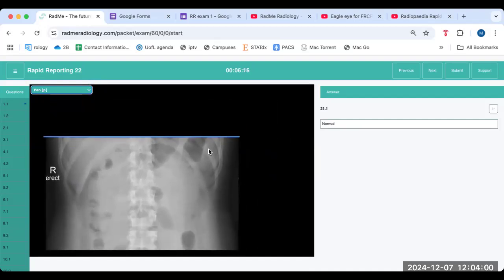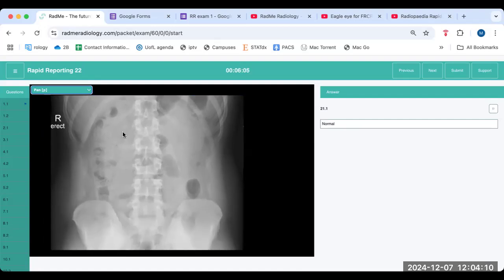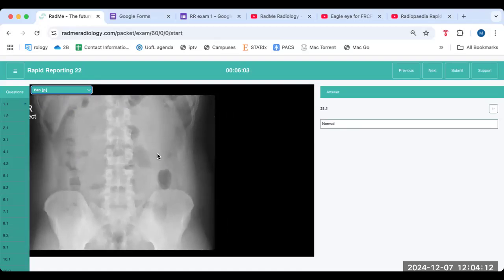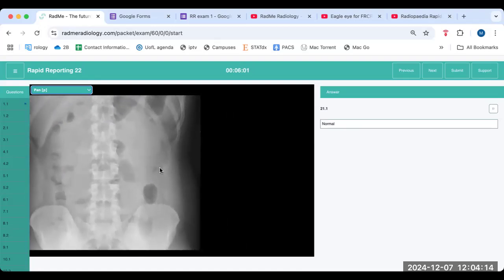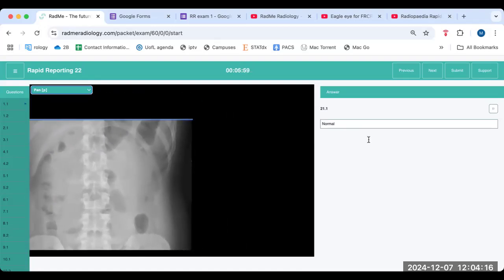Maybe he means this part, but really I am not so sure, also because sometimes there are overlapping shadows and there are no other sure signs. There is no bowel dilatation even. I think so. There is no pneumoperitoneum. Yeah, I think also like that.